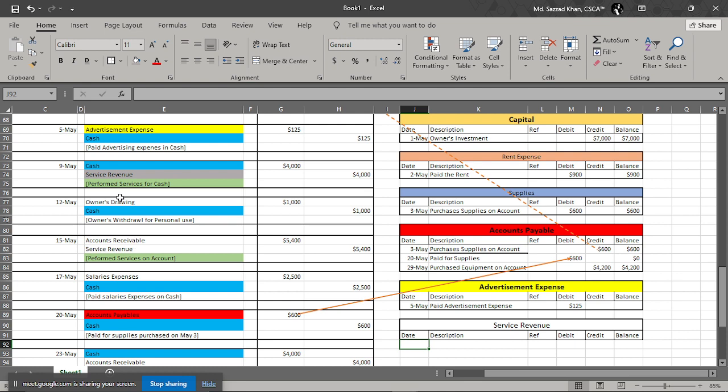Let us find out where you find service revenue. On 9th of May, we see there's a service revenue. What happened? The description says perform service, okay, for cash. How did it affect my service revenue account?